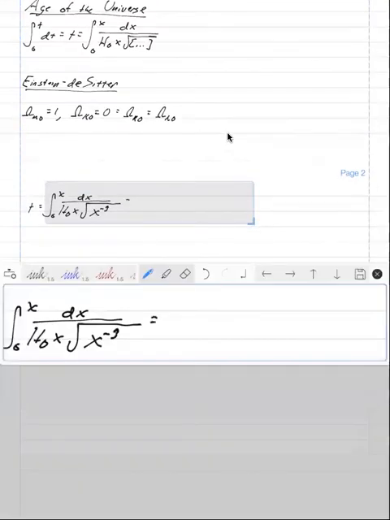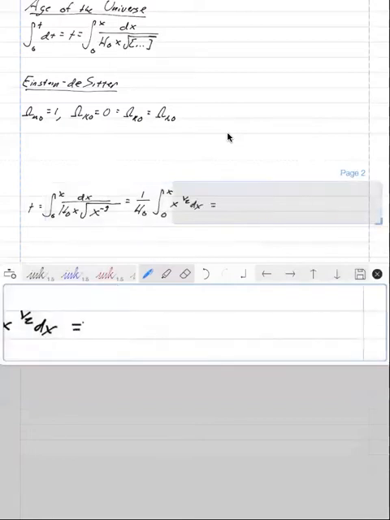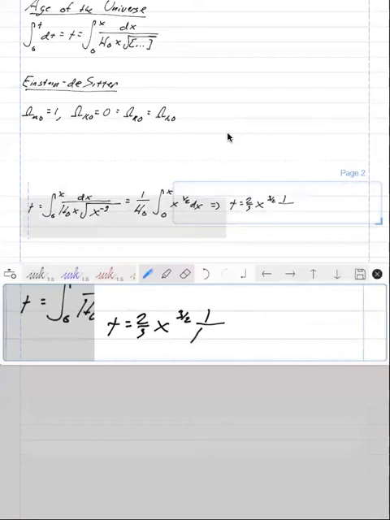So this equals 1 over h naught, and 1 over h naught, remember, is the Hubble time, a characteristic time of the universe, integrating from 0 to x of x to the 1/2 dx. And we find a solution of t is equal to 2/3 x to the 3/2 times 1 over h naught.